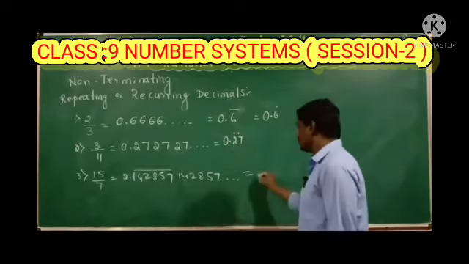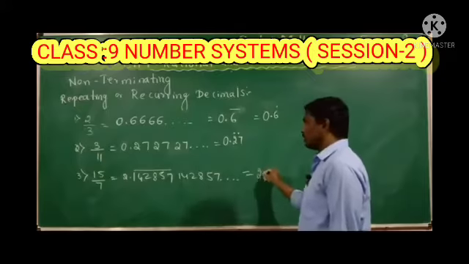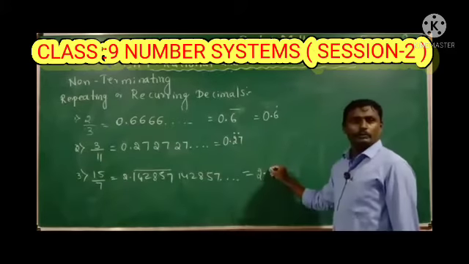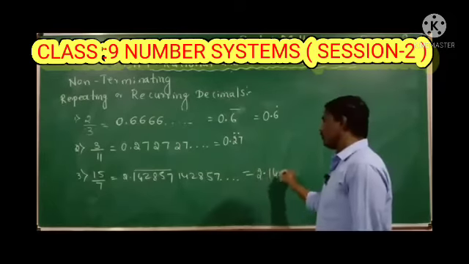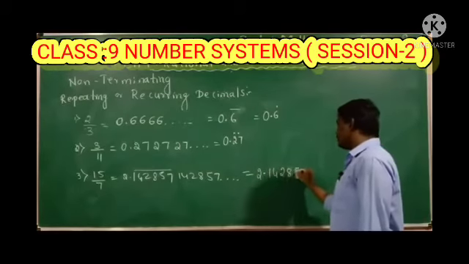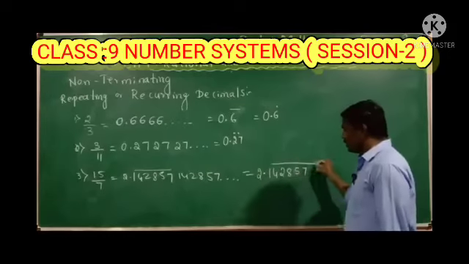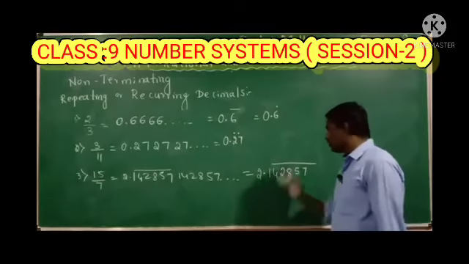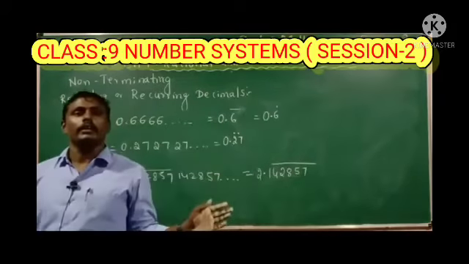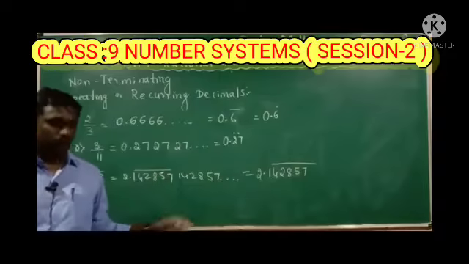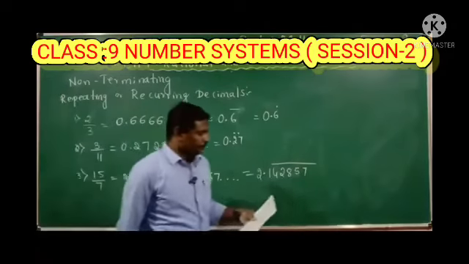So these numbers are represented with bars. Here these numbers 142857 are the repeated sequential numbers. Okay.